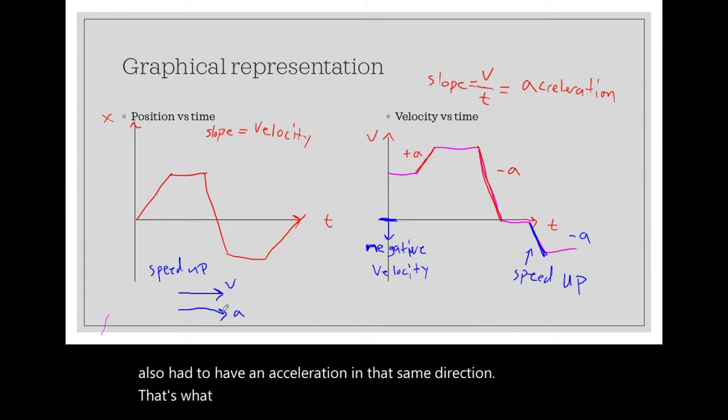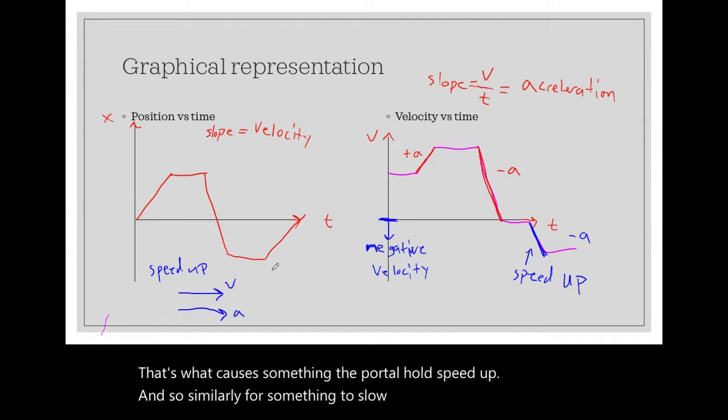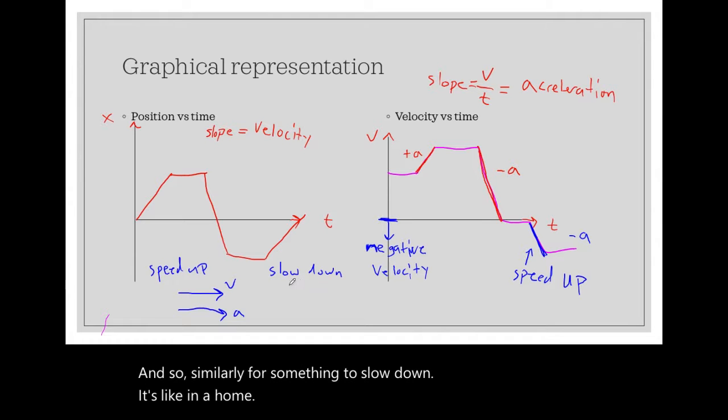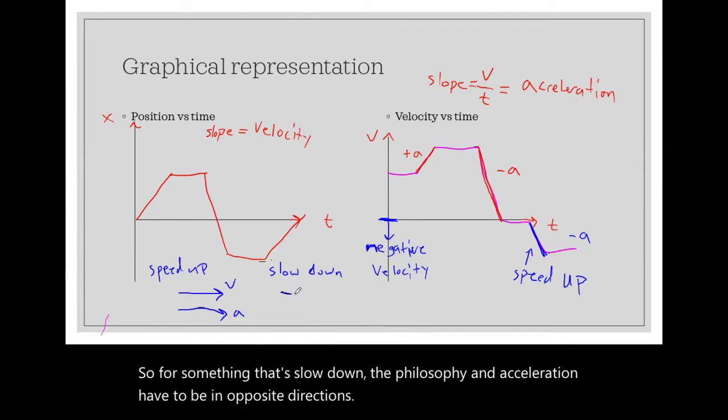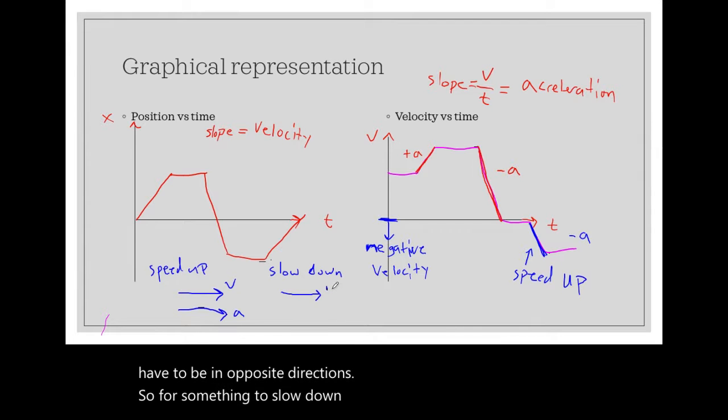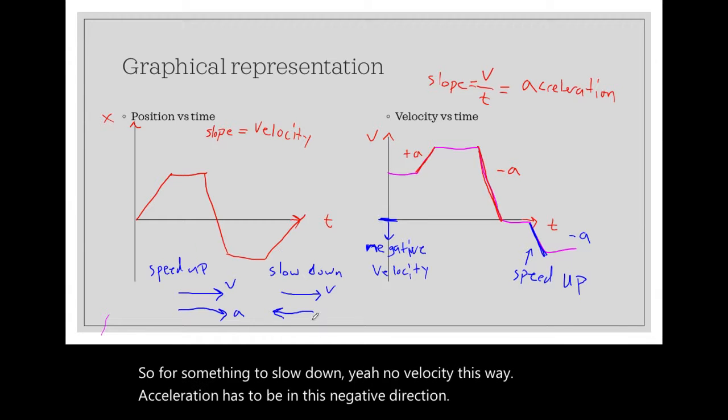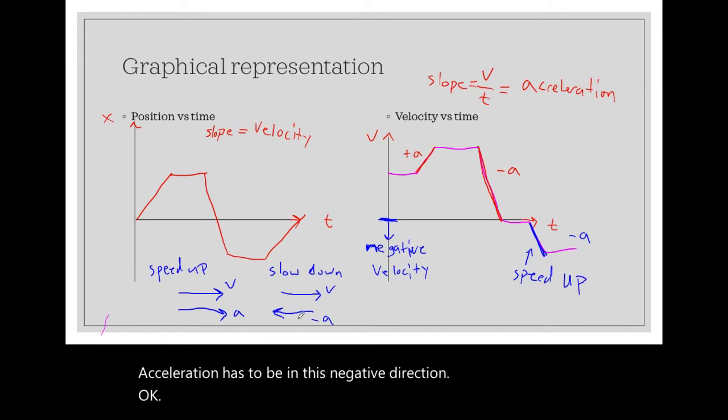That's what causes something to quote unquote speed up. And similarly, for something to slow down, the velocity and acceleration have to be in opposite directions. So we have velocity this way, and then acceleration has to be in this negative direction. So it's like negative A. Okay, so that makes sense.